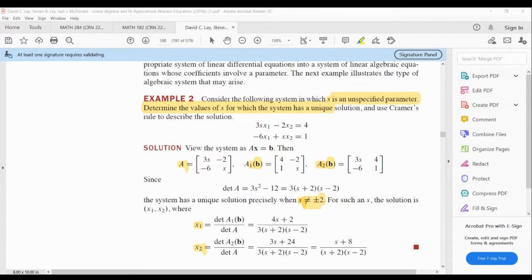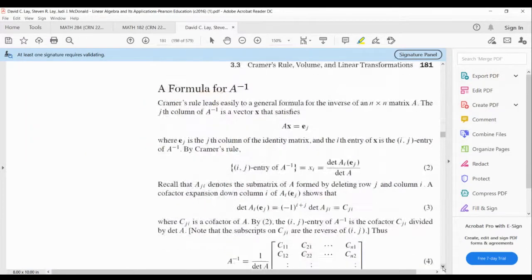So for A1B, the second matrix here in the solution, they replace the first column of the matrix A with the B. For A2B, they replace the second column of matrix A with the vector B. All right, so everybody's reasonably comfortable? Okay, all right, moving on here then.